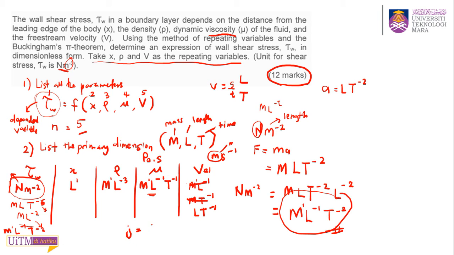Three, sir. Yes, correct. How did you get 3? Repeating variable. Do you mean x, rho and v here? Repeating dimension. These are the M L T. J is the number of the primary dimensions.